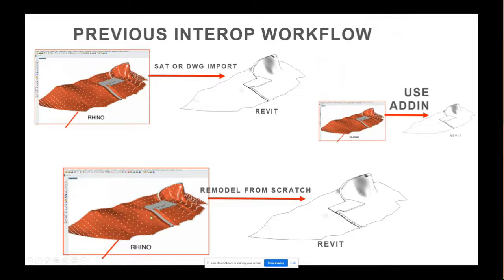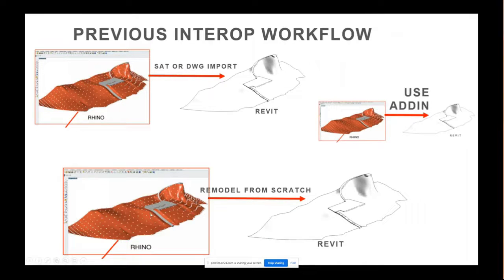Also, Rhino is a generic 3D modeling program. So as you model things in Rhino, they may not necessarily be intelligent objects. Even if you were to export Rhino into Revit, you would still need to tell Revit what the information is.